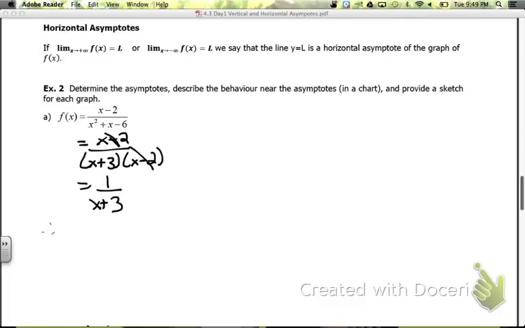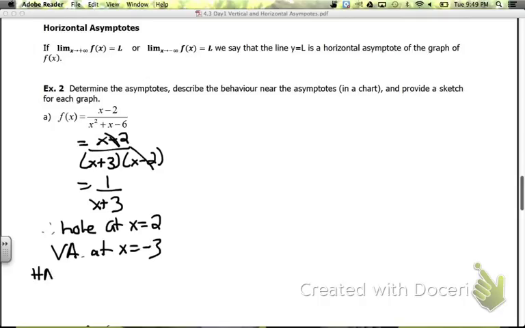Since I canceled out the whole expression x minus 2, we know we have a hole at x equals 2. Since we have that hole at x equals 2, when we graph this there is going to be an open circle at x equals 2, and we know that we have a vertical asymptote at x equals negative 3.